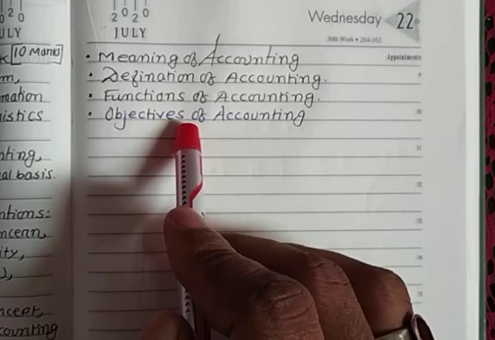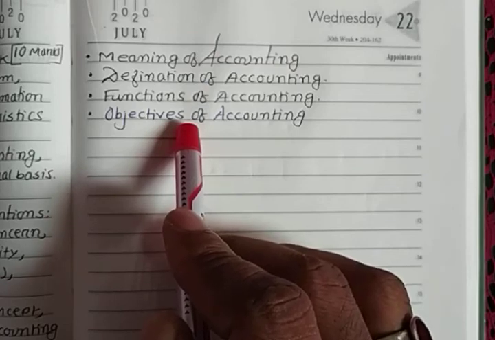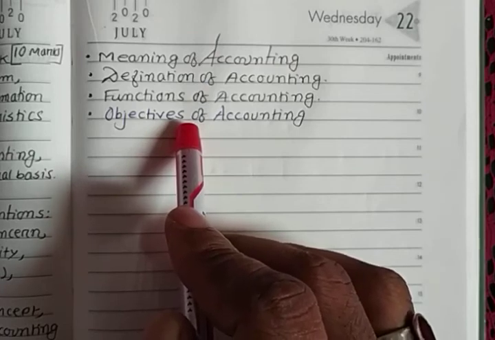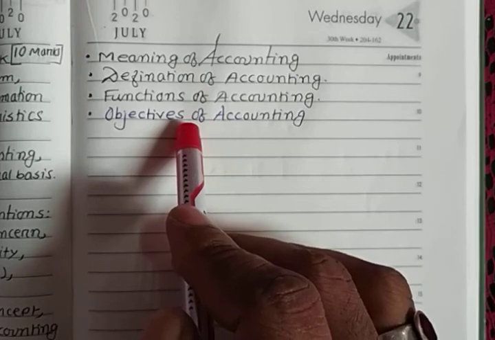Right? Point number 4, providing information to various users. That is the financial report. Accounting information is also required by different types of users, internal or external, who may need the same for decision making.